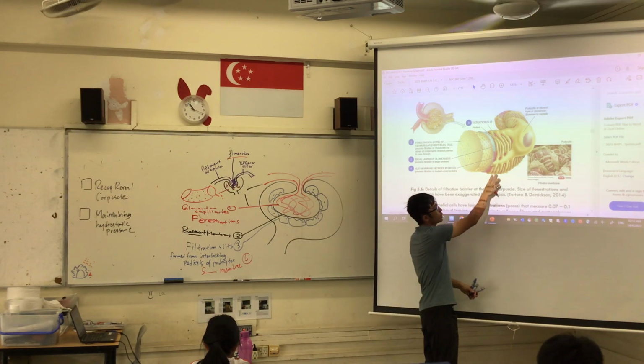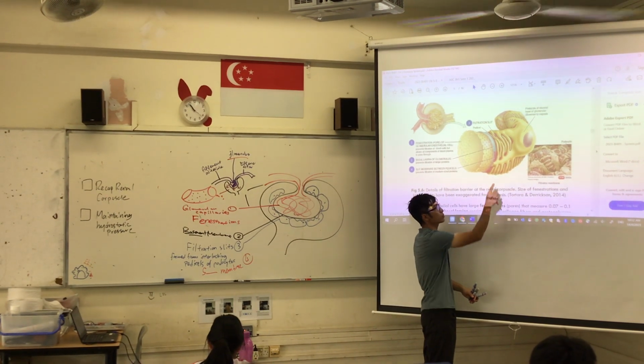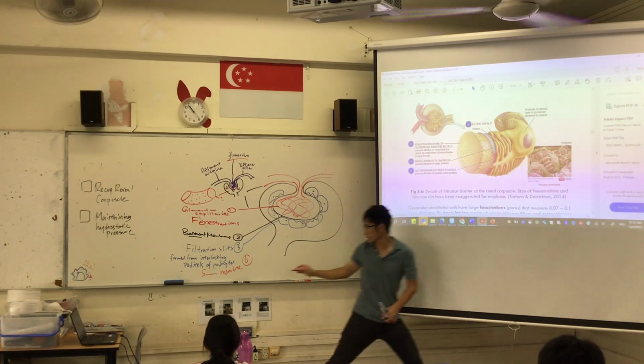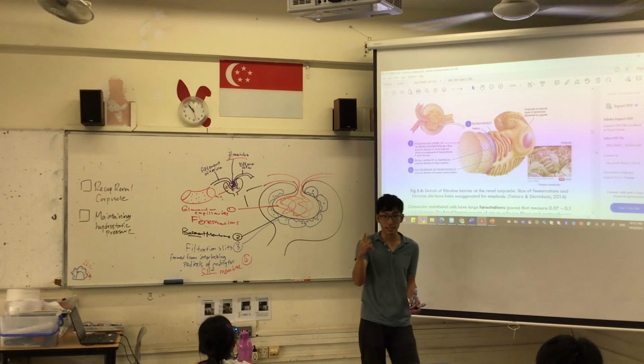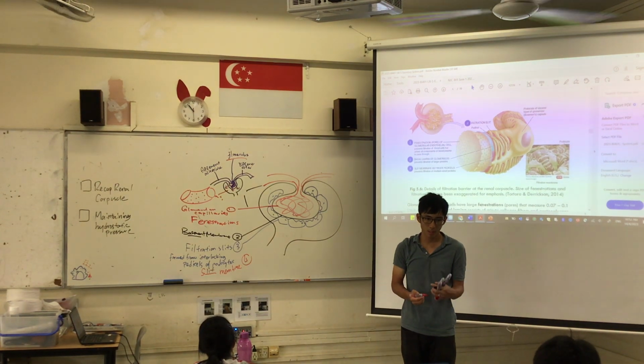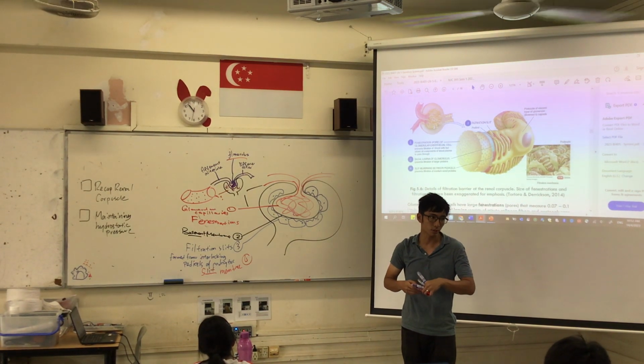Last layer, between all these pedicels, you find another layer. We call it a slit membrane, because this membrane is what's in between all the slits. 4 layers of barriers in total.